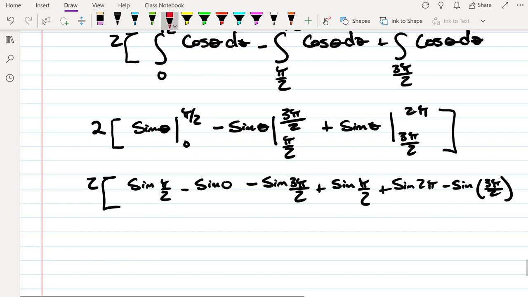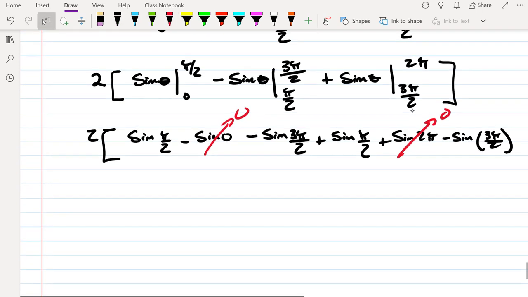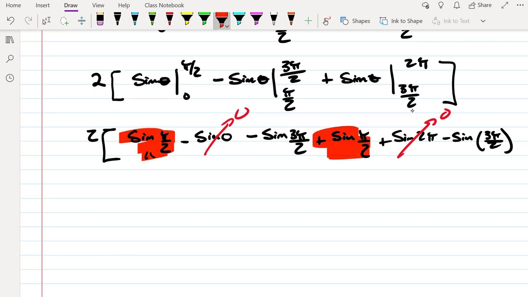So now the sine of 0 is 0, and the sine of 2 pi is 0. I have then a couple of like terms. So sine of pi over 2 and sine of pi over 2, I get 2 times the sine of pi over 2.